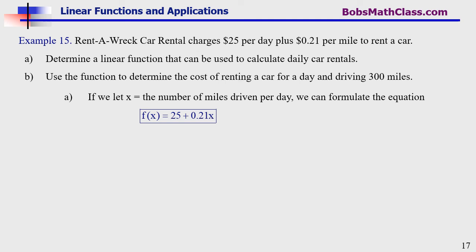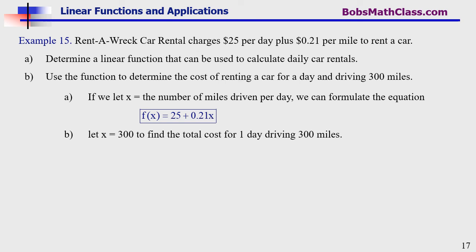Okay, now part B, we're going to use that function and determine the cost of renting the car if we drove for 300 miles. Gosh, that seems like a long day. Yeah, 300 miles seems like maybe 3 hours, 4 hours. All right, so that means we're going to replace x with 300.